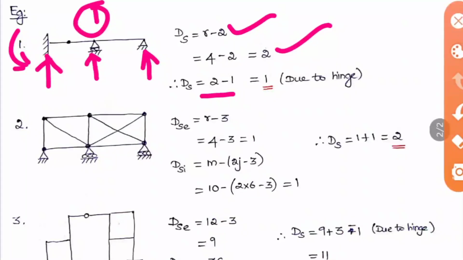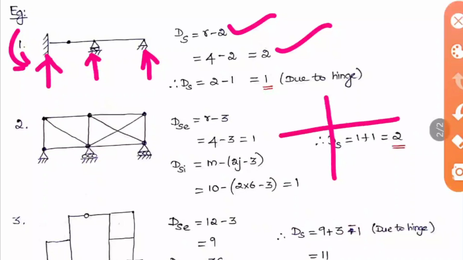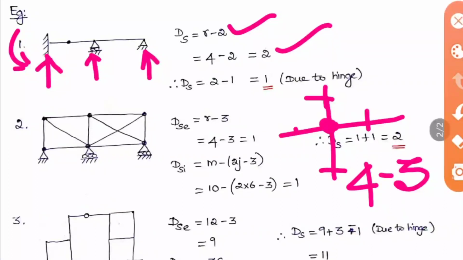Due to the hinge. Okay, so don't get confused, because why I am telling you this 2 and 1 is that sometimes the hinge will be like this also. The support, that is the joint, will be like this, and here they will give you an internal hinge. At that time you shouldn't subtract 1 here, because it is bisecting 4 sides, no, so it is 4 minus 1.